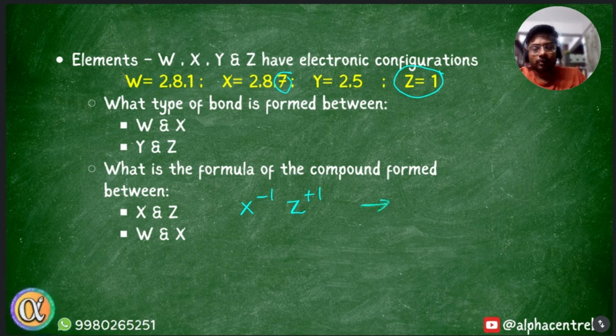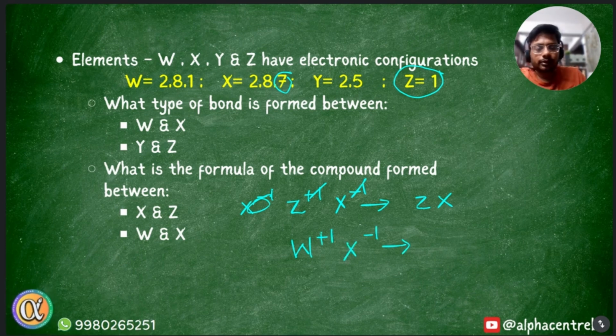So cross multiply, and since Z is a cation, we write the cation first: hydrogen is a cation with respect to X, so we write ZX. They cancel because they have the same valency, plus and minus. W is +1 again, and X is -1, so it is WX again. Clear?